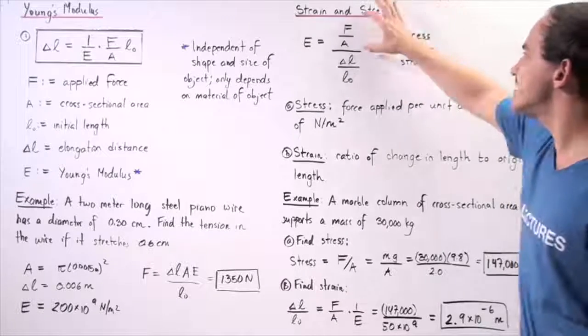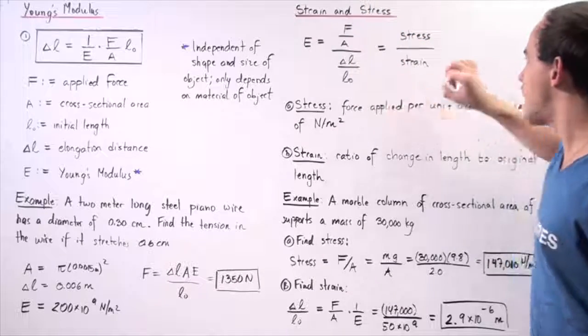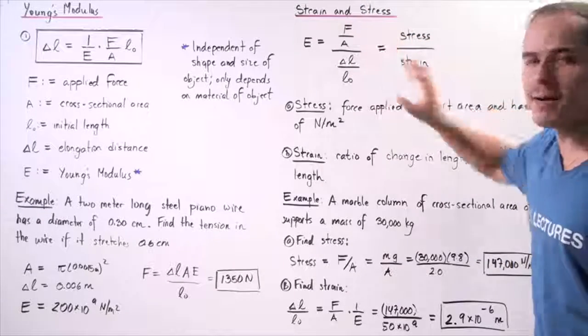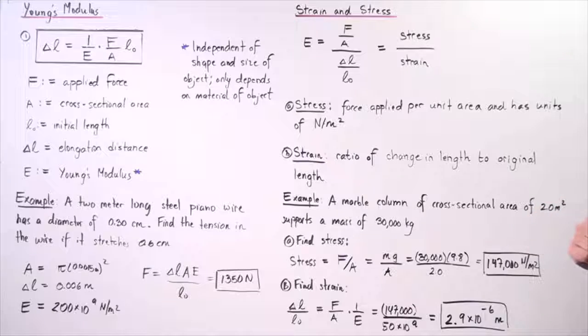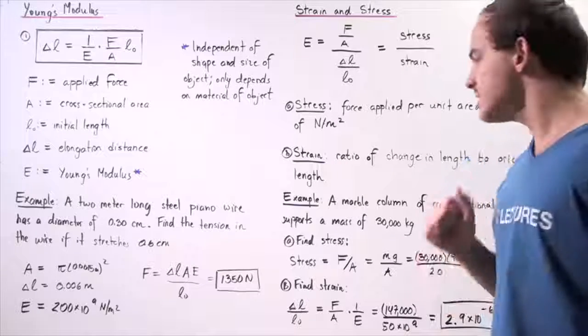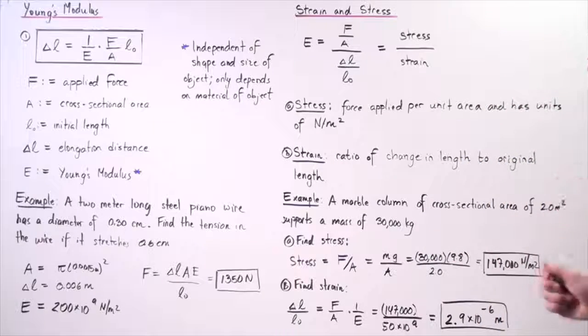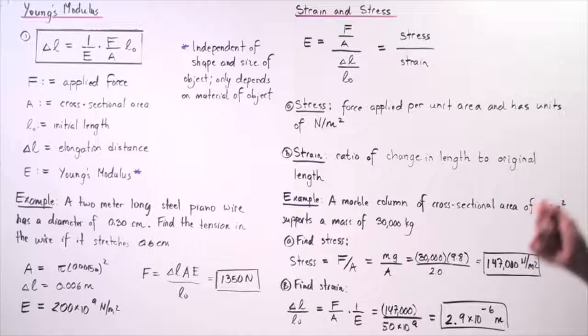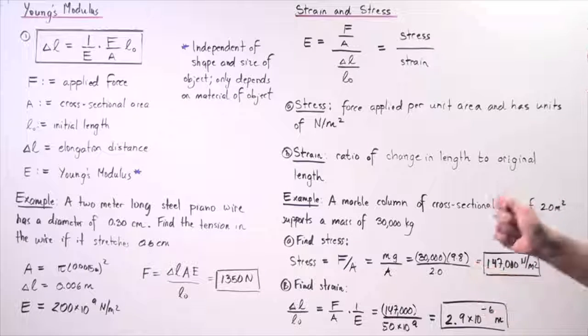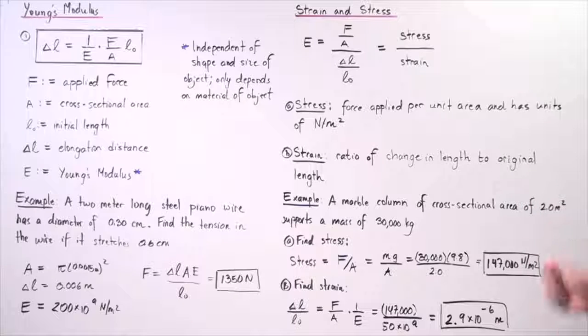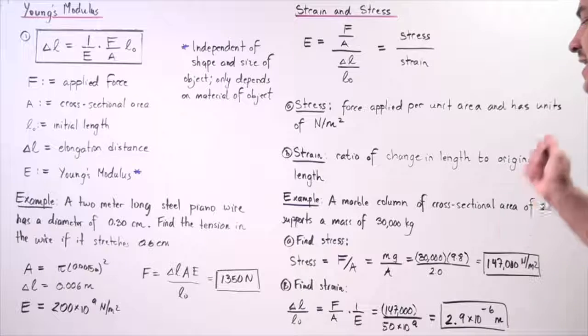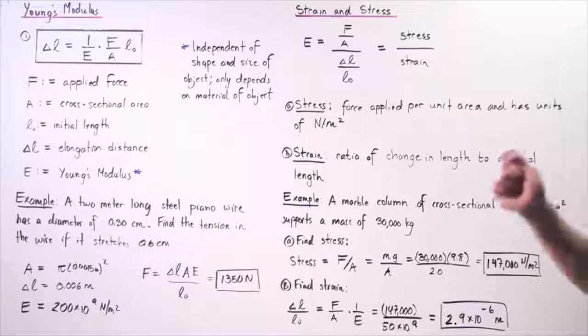So stress is the numerator of the fraction and strain is the denominator. Let's look at the following example. Let's suppose a marble column of cross-sectional area of 2.0 meters squared supports a mass of 30,000 kilograms. In part A we want to find the stress, and in part B we want to find the strain.